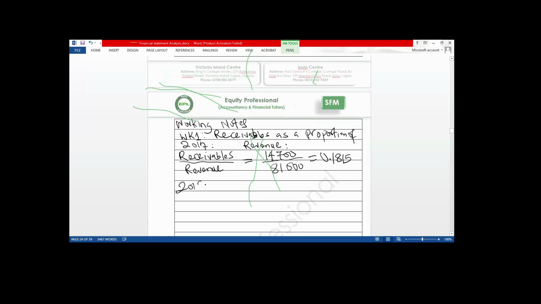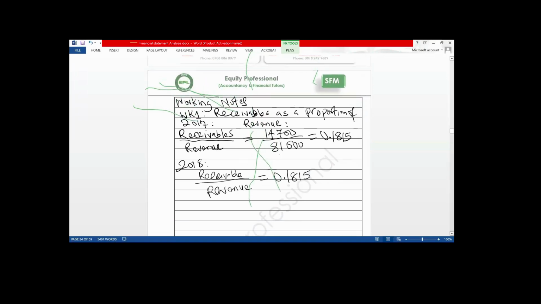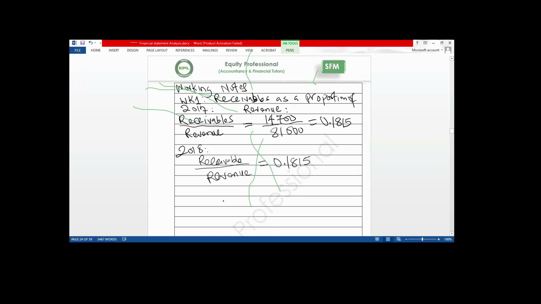In 2018, receivables divided by revenue must give me 0.1815. I don't know the receivable for 2018, but I know revenue. Receivables divided by revenue.